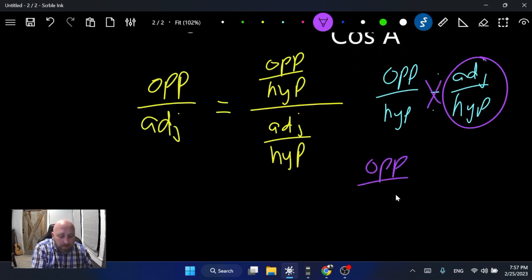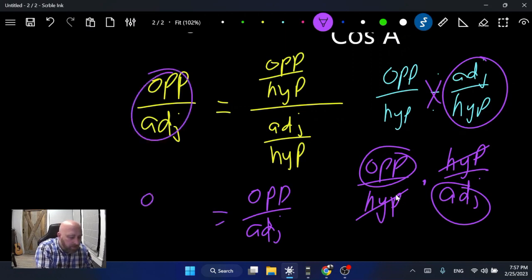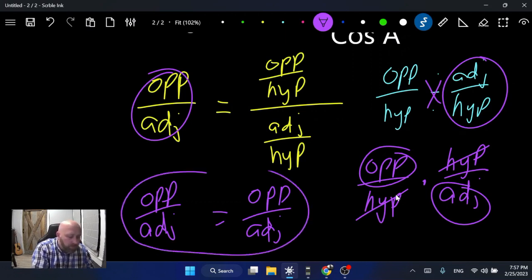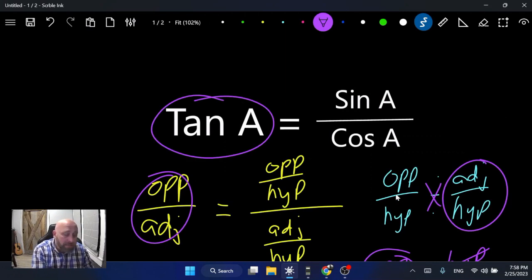You should remember this from fractions. So we have opposite over hypotenuse times the hypotenuse over the adjacent. The hypotenuses cancel out, and I'm left with opposite over adjacent. And I have the same thing here, opposite over adjacent. So what you see is that this is true: the tangent of A always equals the sine of A over the cosine of A.